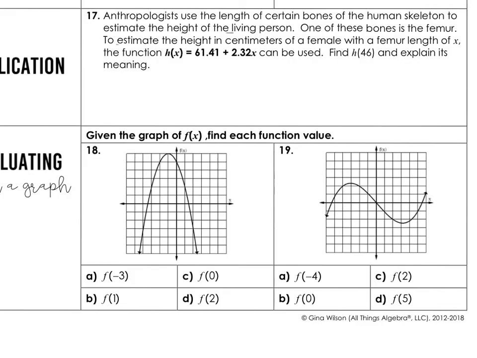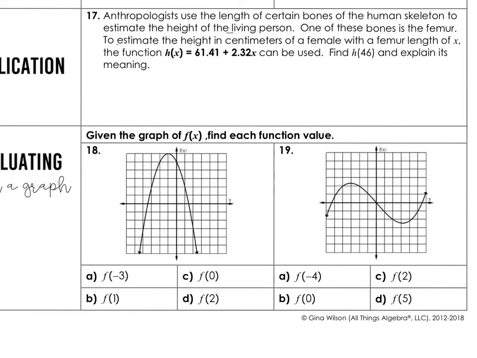All right, 17 says application, which is really just a fancy word for word problem, but don't let it freak you out because it is really just a continuation onto what we've been doing. Anthropologists use the length of certain bones of the human skeleton to estimate the height of the living person.